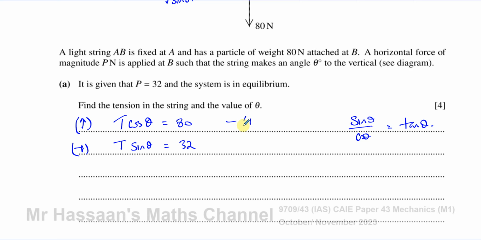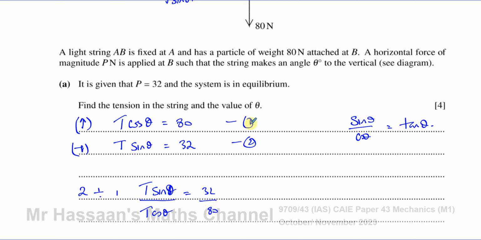If I call these equation 1 and equation 2, and I take equation 2 and divide it by equation 1, the T's will be eliminated, and I'll be left with tan theta equals 32 over 80. So dividing these two equations, I end up with T sine theta equals 32 over T cosine theta equals 80.